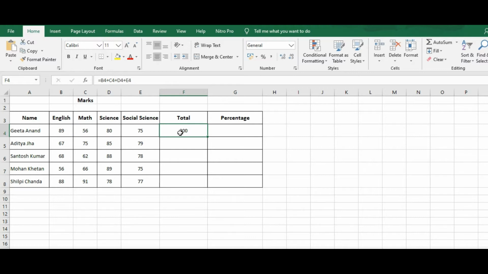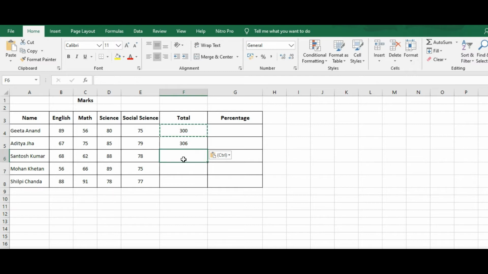Now if I copy the formula by pressing Ctrl C on the keyboard, and paste it in its next cell, you can see here the address of the cell is getting changed in the next cell.